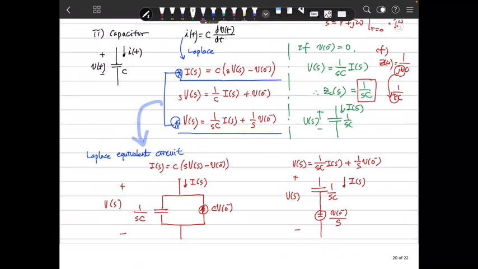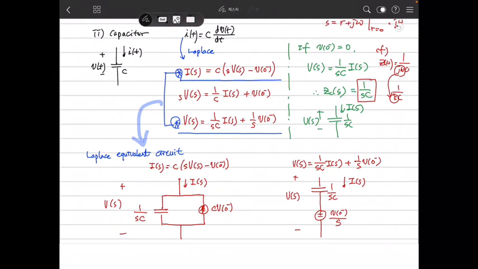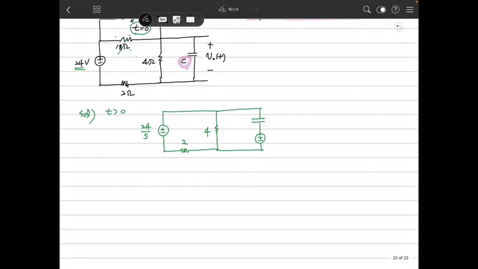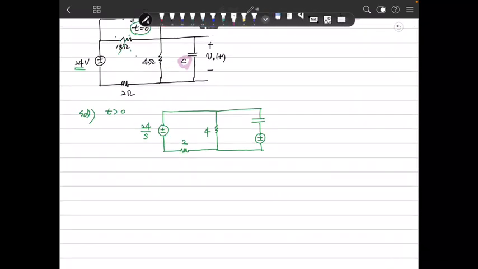Why? The capacitor's equivalent circuit looks like that. So to represent the capacitor is like that.